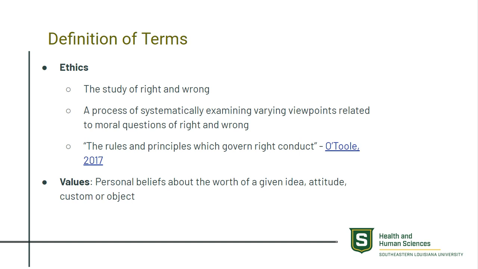So, one's values can determine their personal idea of what is right or wrong, right? And then morals are also personal beliefs of what is right or wrong. Depending on the value that you place on something, that will determine whether you see that thing as being right or wrong. So, that is the way that ethics, values, and morals coexist.